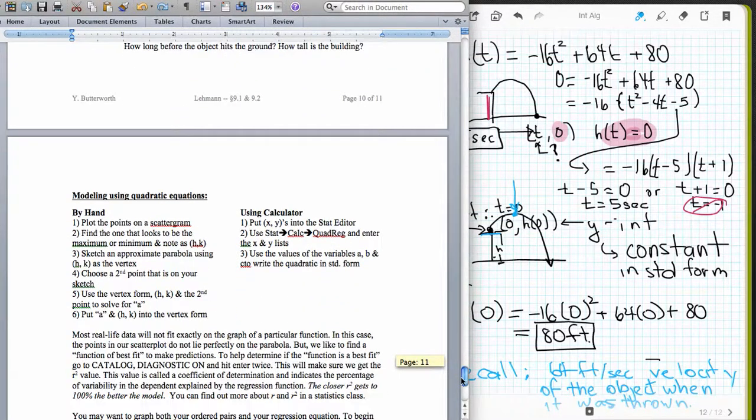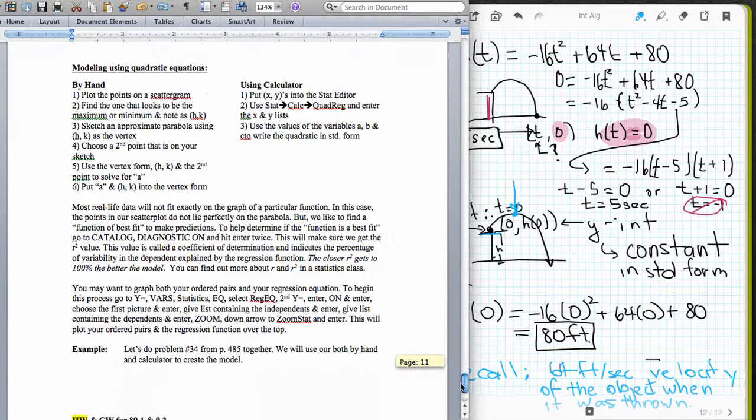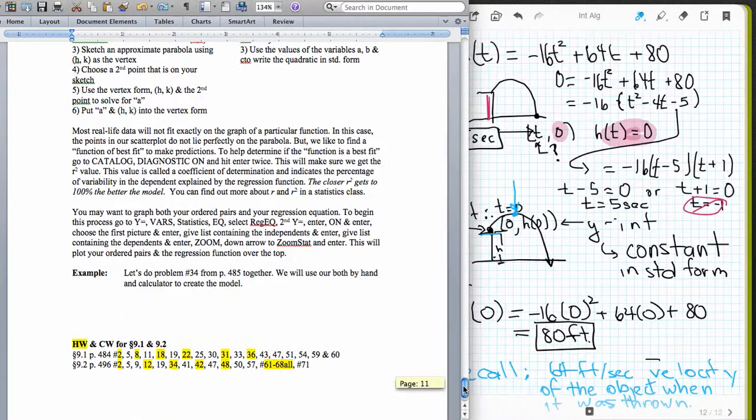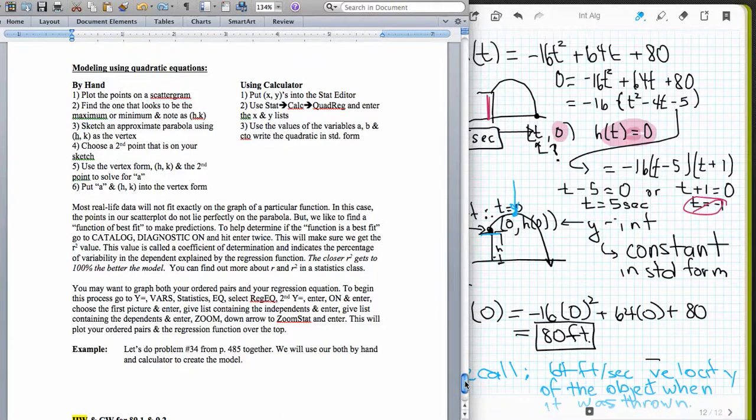And last but not least, what we have is modeling using quadratic equations. And we can do this in one of two ways. We can do it by hand, or we can do it by using a calculator. It's pretty hard for me to show you with a calculator on my computer because, unfortunately, I do not have an emulator for my calculator.